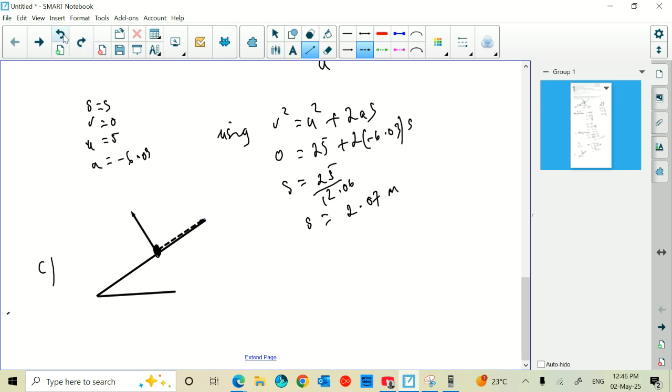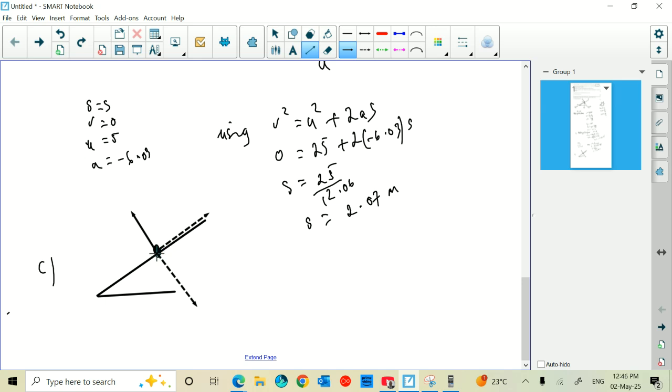So we need to account for that and make sure we draw it correctly, in the opposing direction. That's our normal contact force extended, and we need our mass in again.